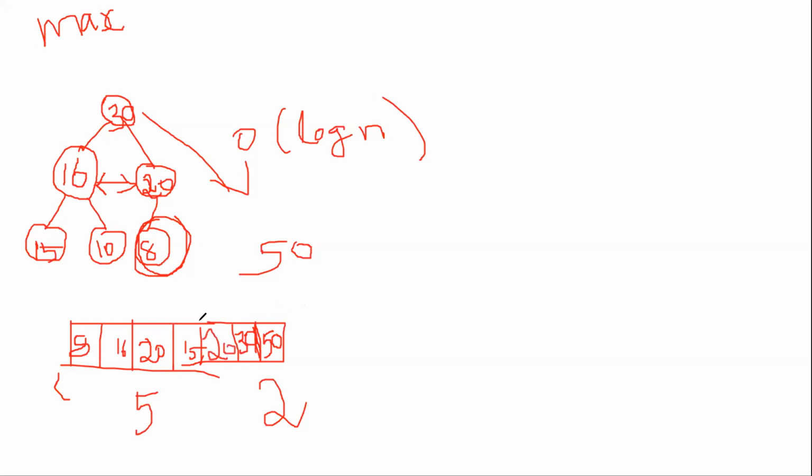Like that it goes on. You are moving backwards, and when you go backwards, the highest element will be in the last position, and the next largest will be just before 30.